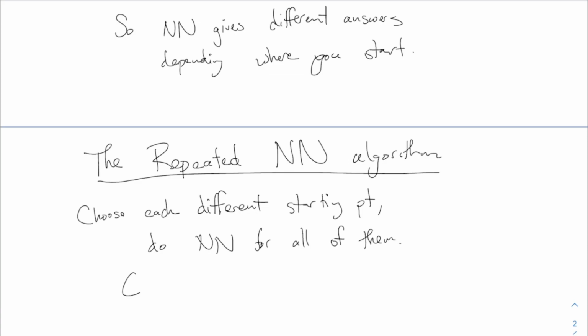And then when you're all done, you choose the best overall. This is called the repeated nearest neighbor algorithm. It'll take you a little bit more time than just doing it once, of course, but it's not really difficult. And still much faster than doing the brute force, which is what we talked about a couple times ago.